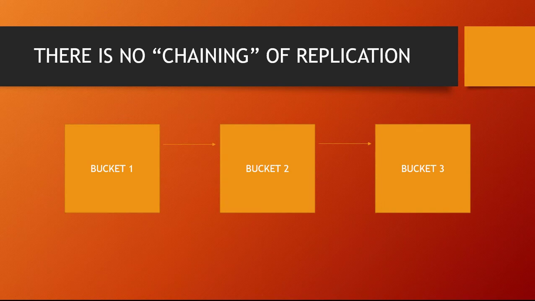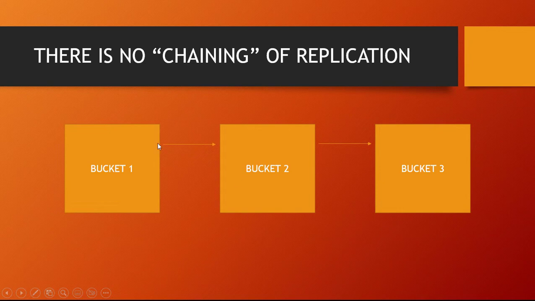So this is a very important concept. Please pay attention to this. There is no chaining of replication. For example, if bucket 1 is replicating to bucket 2, whatever I upload here gets copied to bucket 2. If we have another replication set from 2 to 3, that file will not be replicated.